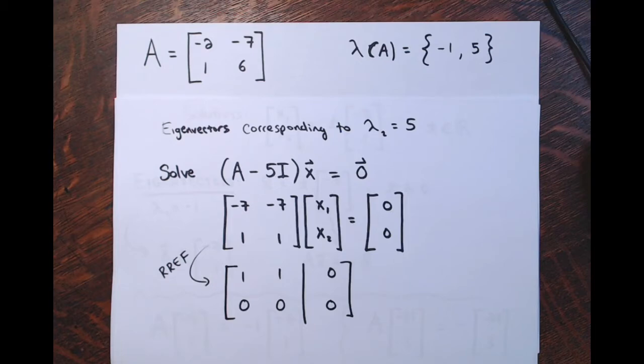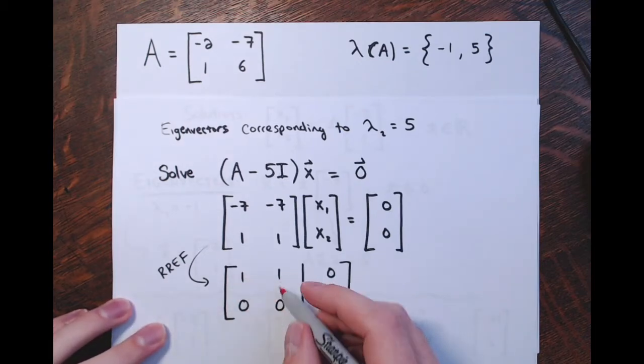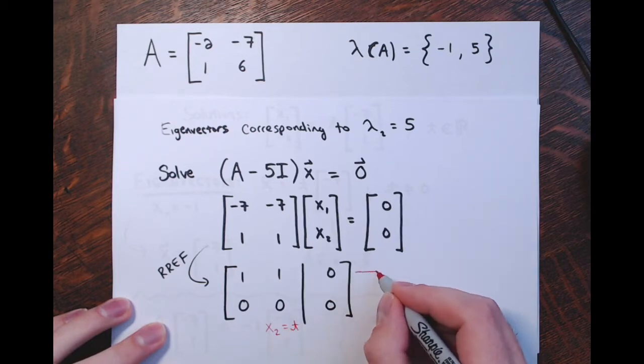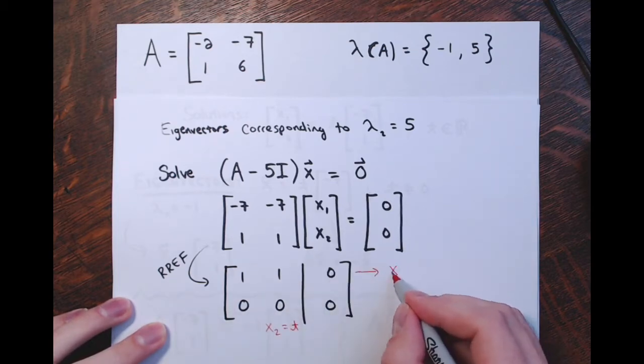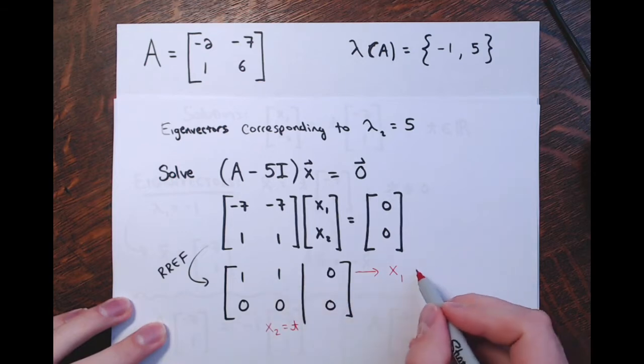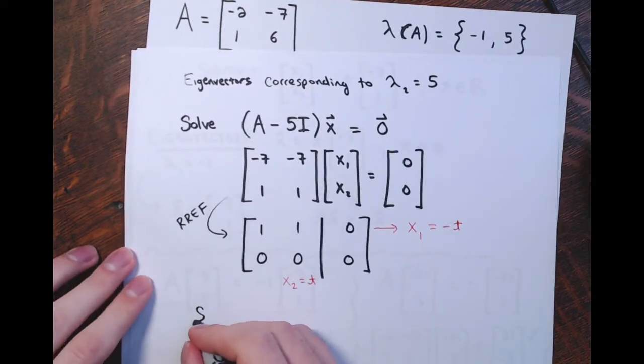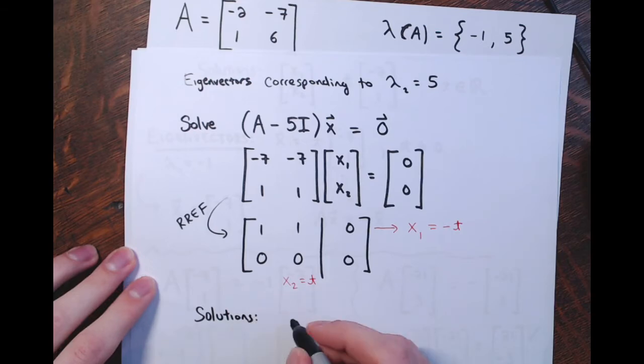All right, so again, x1's basic. I'm going to have x2 be t again, and then from this first equation we have x1 plus t equals 0, so x1 equals negative t. All right, so the solutions of this equation when lambda equals 5 are the following.